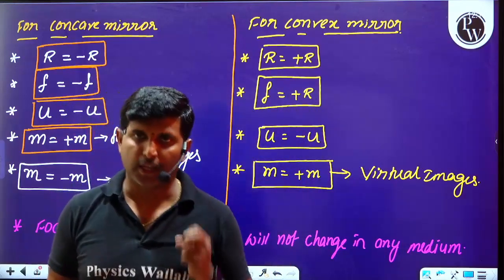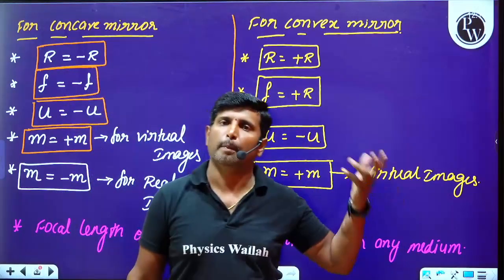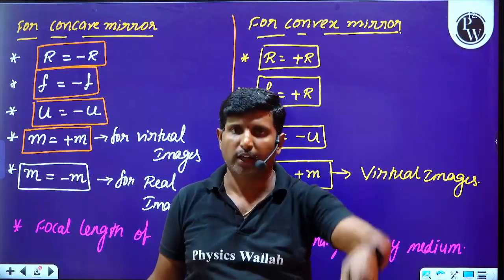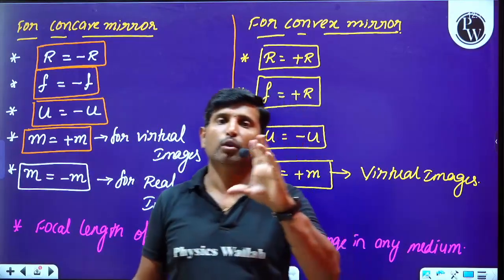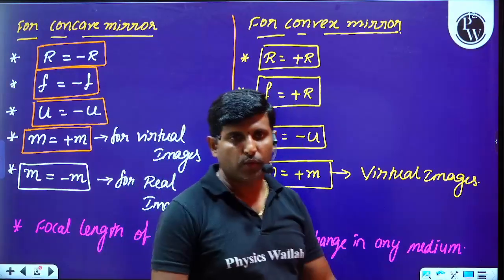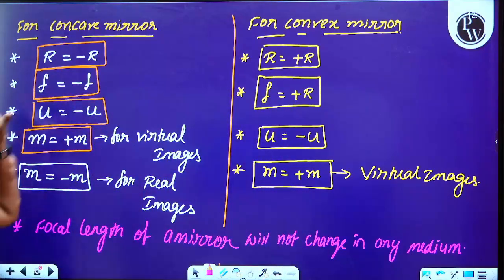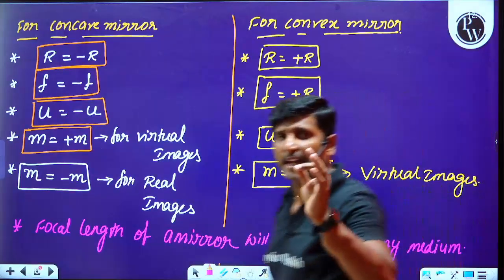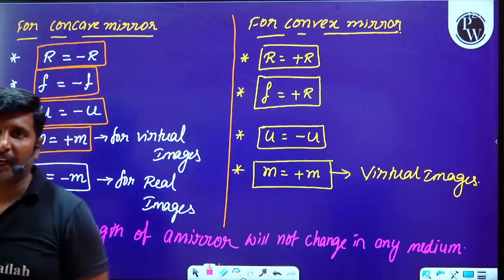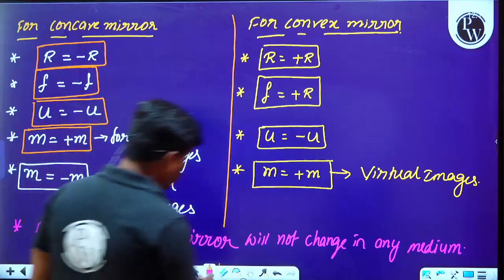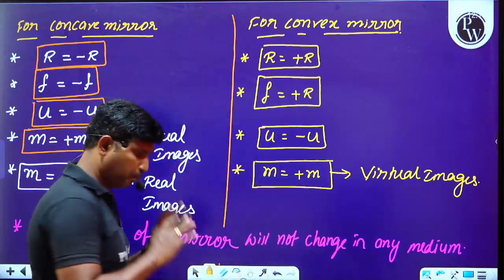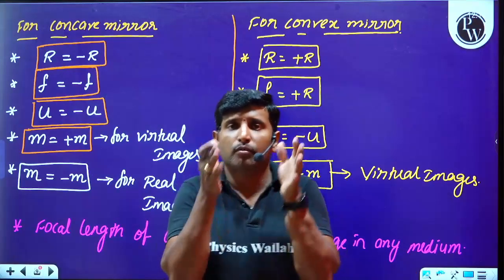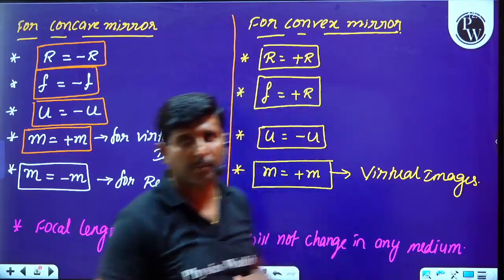Suppose I take this mirror, either a plane, concave or convex mirror, into any other medium like oil or water, then the focal length of the mirror will not change. So please make sure about these points, learn as quickly as possible, and practice this as many times as possible. These are the important points we have to learn under the concept of reflection by the mirror.